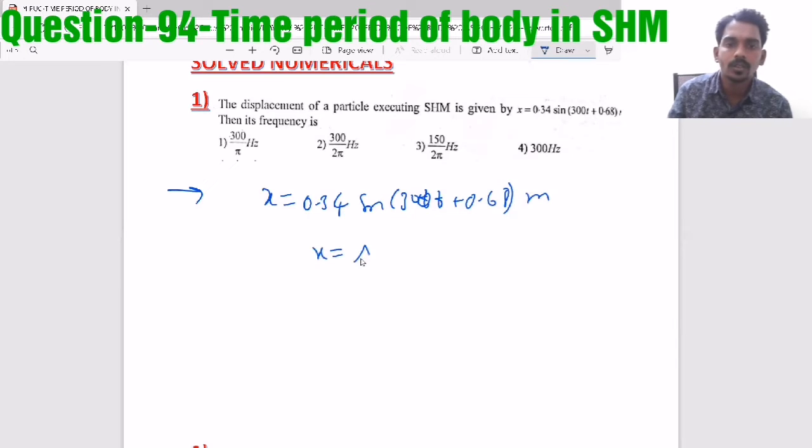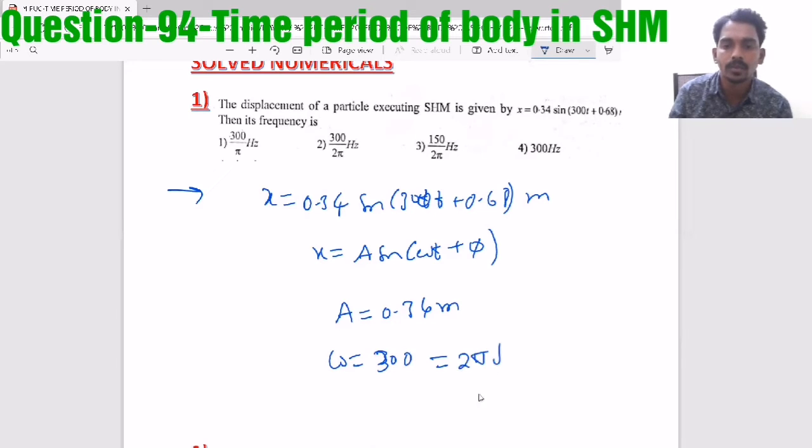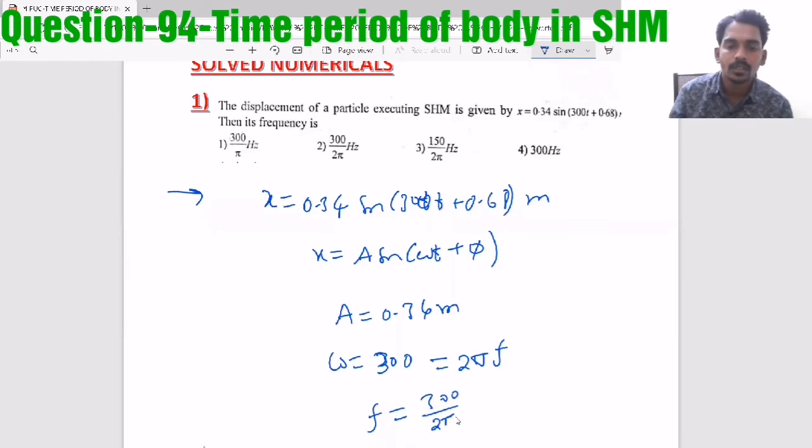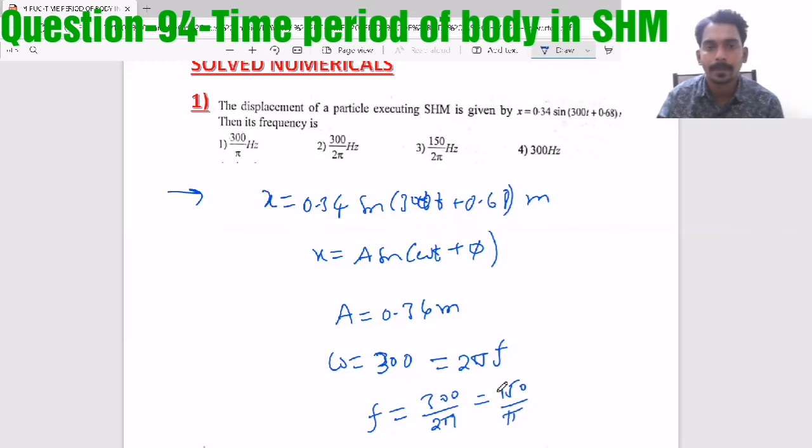So it is like x equal to a sin(omega t plus phi), where the amplitude is 0.34 meter and omega is 300. So the t coefficient, omega equal to 2 pi f, then the frequency will become 300 by 2 pi. That is how much it will become, 150 by pi, or 300 by 2 pi, option 2.